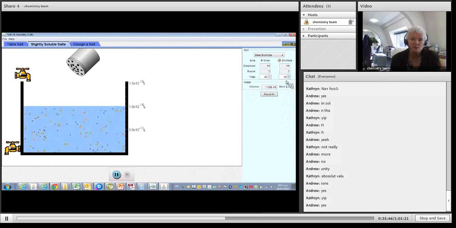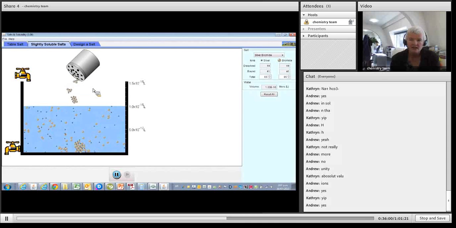If I add more, those numbers stay pretty much the same, always around 44, 45. I'm just getting more undissolved. And if I add more, that still stays round about the same, but I'm getting ions constantly going off and adding back on again.